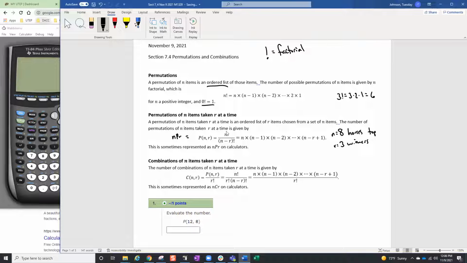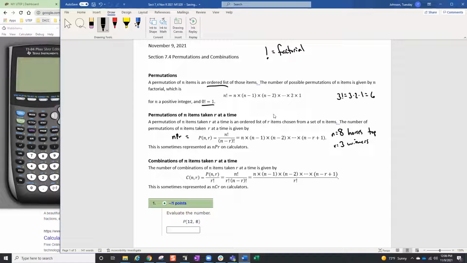We'll use this formula to calculate, if there are 8 horses running in the Sunland Park Derby and we want the ordered list of the top 3 winners, how many possibilities there are.